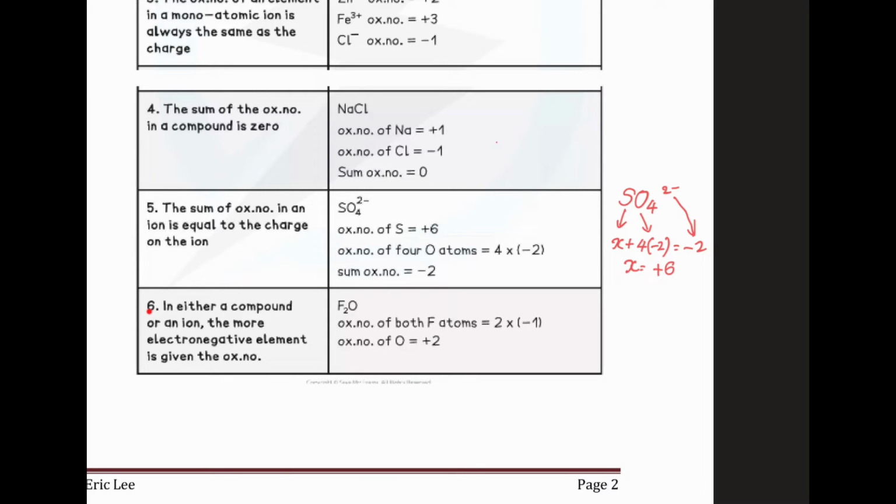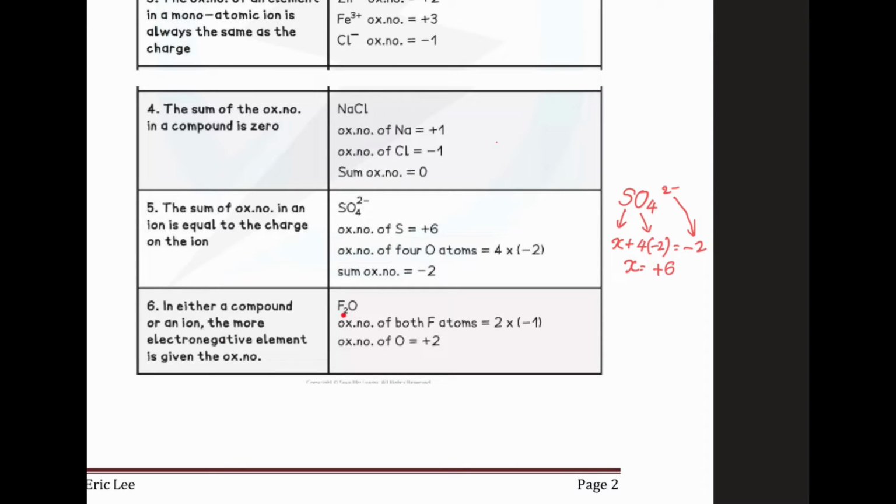Now let's move on first. Number 6: in either a compound or an ion, the more electronegative element is given the negative oxidation number. So the less electronegative element becomes positive.